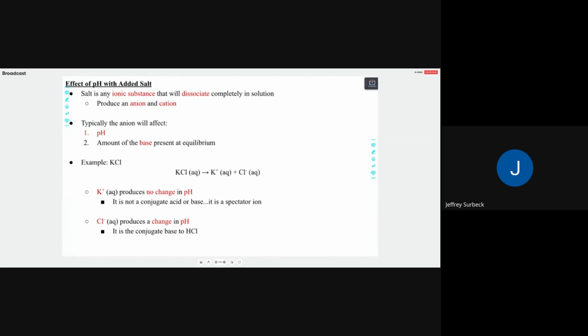So pH can be affected by other ions that are already in our particular solution. As a result, changes either up or down on the pH is going to occur. Okay, and then that middle statement there, typically the anion, the negative ion, is going to affect both the pH and how much base we have present.